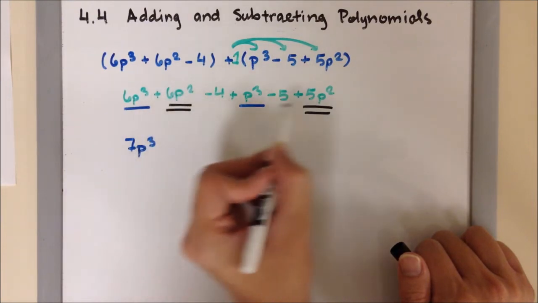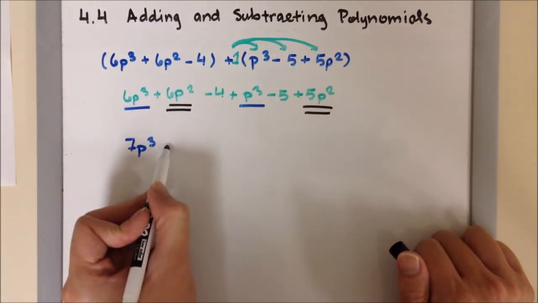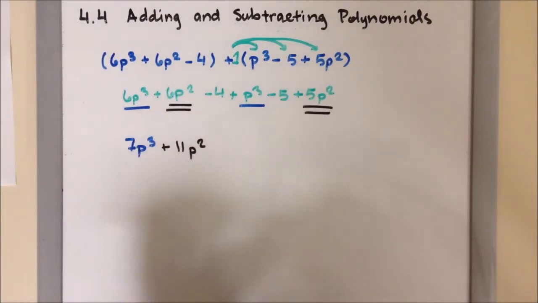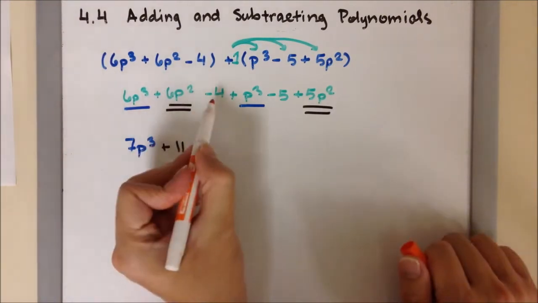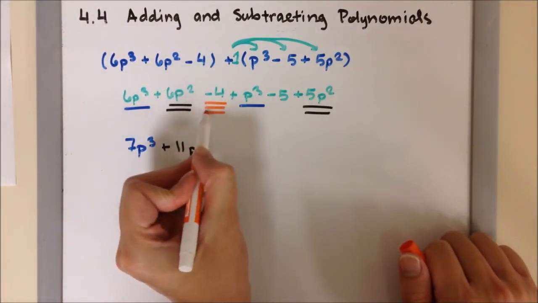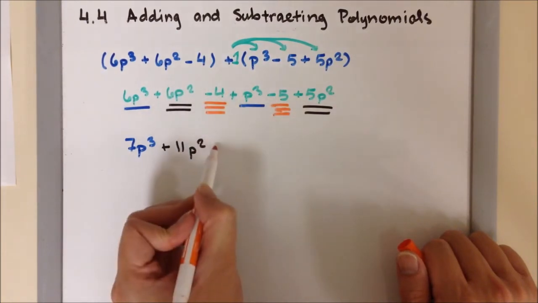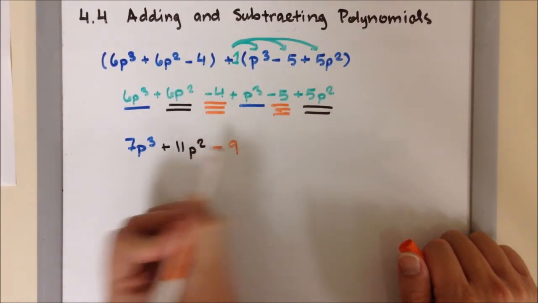Positive 6p squared plus 5p squared will become positive 11p squared. And then let's look for our constant number, negative 4. There's another constant number. So negative 4 minus 5 will be negative 9.